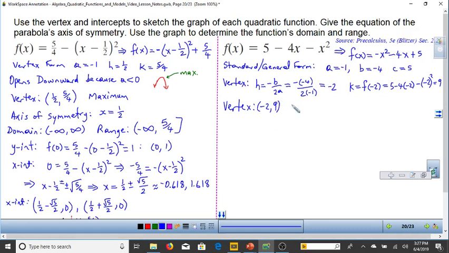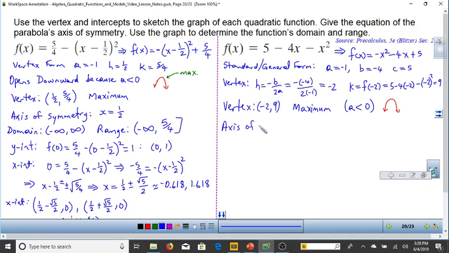And this is a maximum value because a is less than 0. And just to remind us what we mean here, that means the graph opens downward. Now, let's talk a little bit about the axis of symmetry. That's easy.